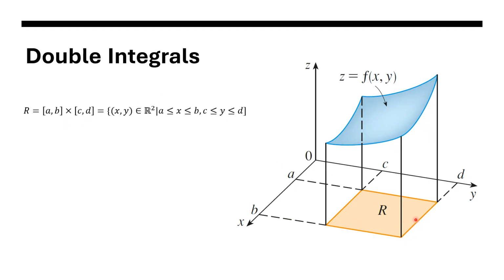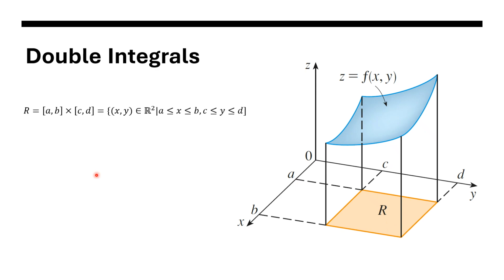This R is defined as the set of (x, y) in R squared, meaning an area, such that x is greater than or equal to a but less than or equal to b, and y is greater than or equal to c but less than or equal to d.